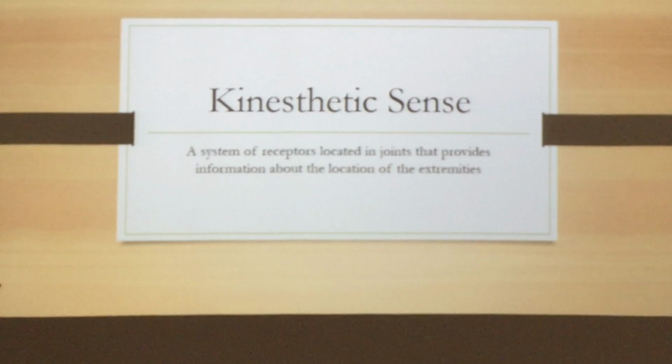Because we have that information, you can drive a car, you can do a stick shift, you can bat a ball or play golf, throw a frisbee, dance. All those things we don't even think about, and yet every movement of your extremity, that information is sent to the brain.